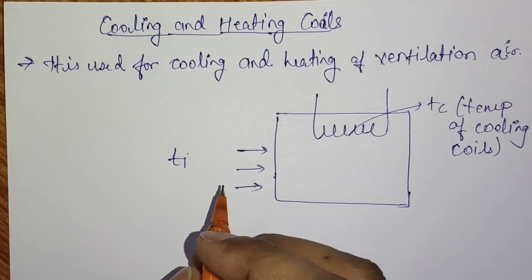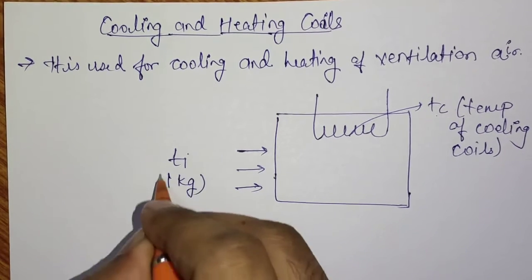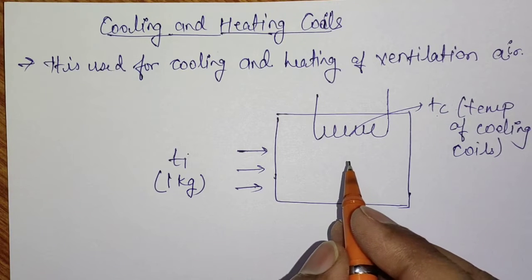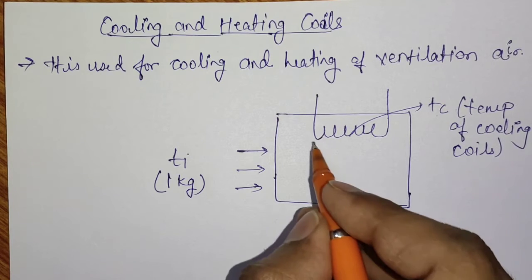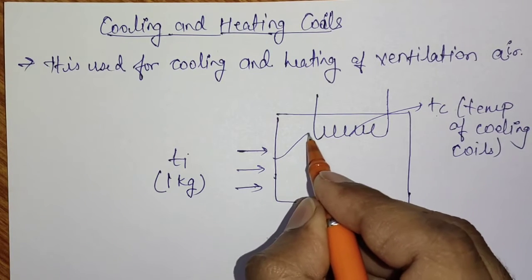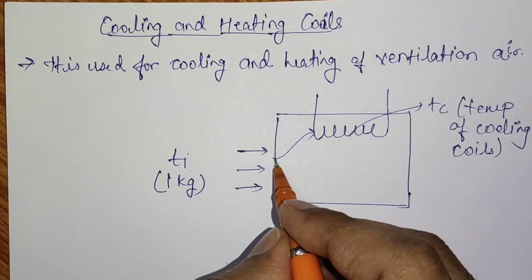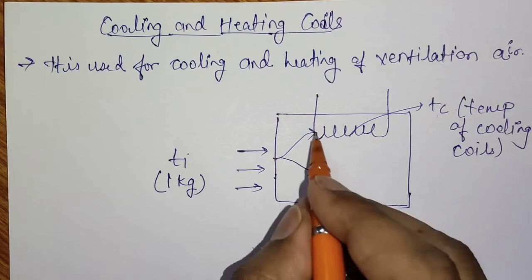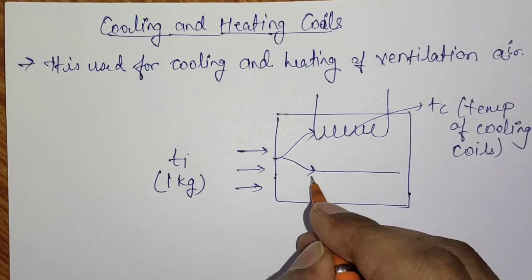Now let us consider that 1 kg of ventilation air flows over a cooling coil. What happens when air flows over the cooling coil? Some of the air goes through the cooling coil, while a certain amount of air does not flow over the cooling coil and goes without touching it, and this portion is bypass air.